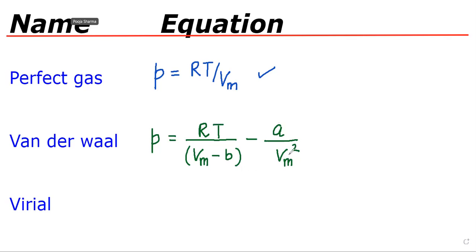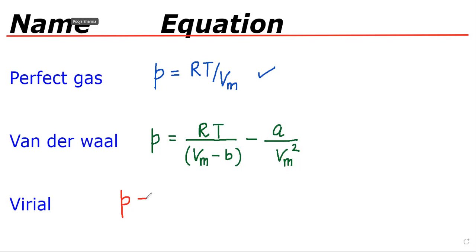So this correction shows that this is the pressure of the gas as it collides with the wall, decreased by the attractive force. That's what you measure through the barometer. And the third equation that is used for derivations is the virial equation, which looks like a power series.